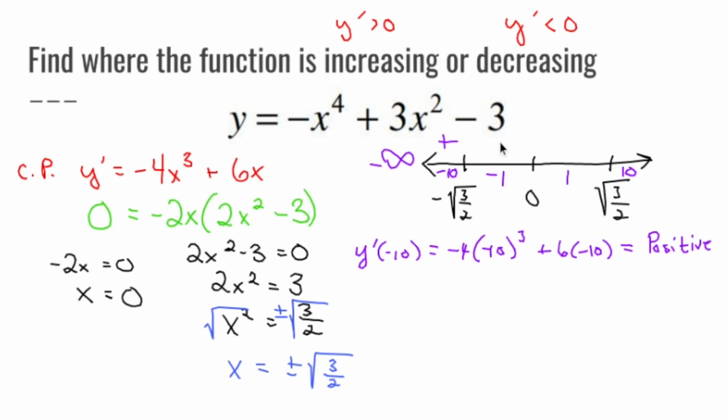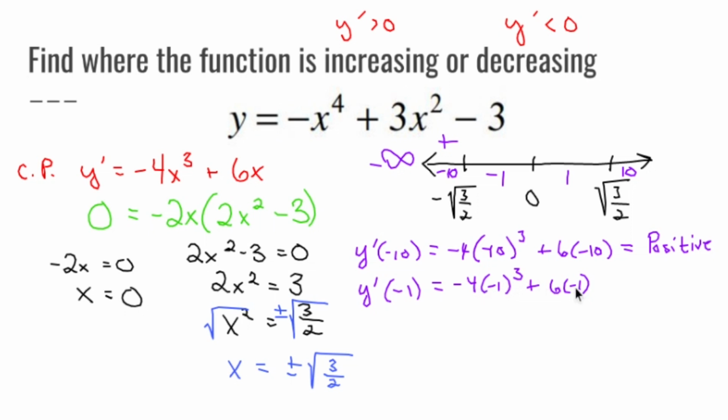Now, if you're like, well, that's easy, I'll just get negative, positive, negative. I don't know. Probably, but I don't know. So let's find out what y prime of negative 1 is. That's going to be negative 4 times negative 1 cubed plus 6 times negative 1. Negative 1 times itself 3 times is going to be negative 1. Negative 1 times negative 4 is positive 4.